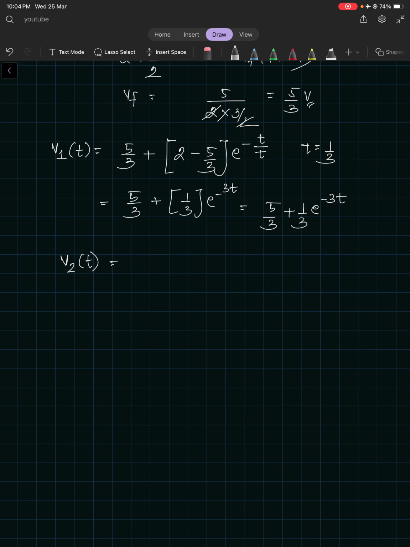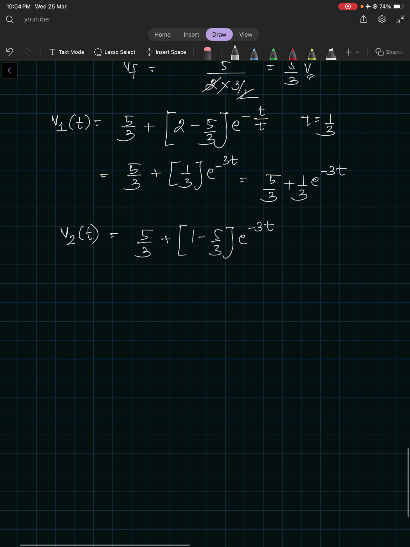So what is V2? Let's see. V2, again the steady state value is 5 by 3 plus initial condition 1 minus 5 by 3 e to power minus 3t. And this is 5 by 3 minus 2 by 3 e to power minus 3t, right?